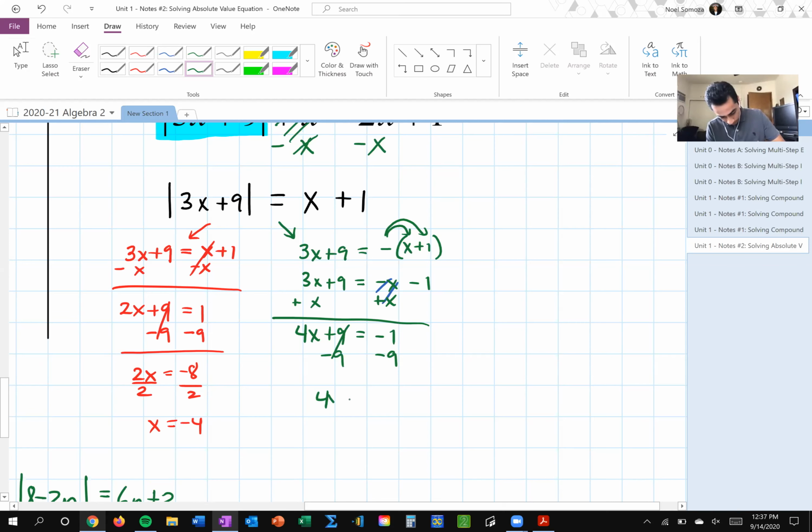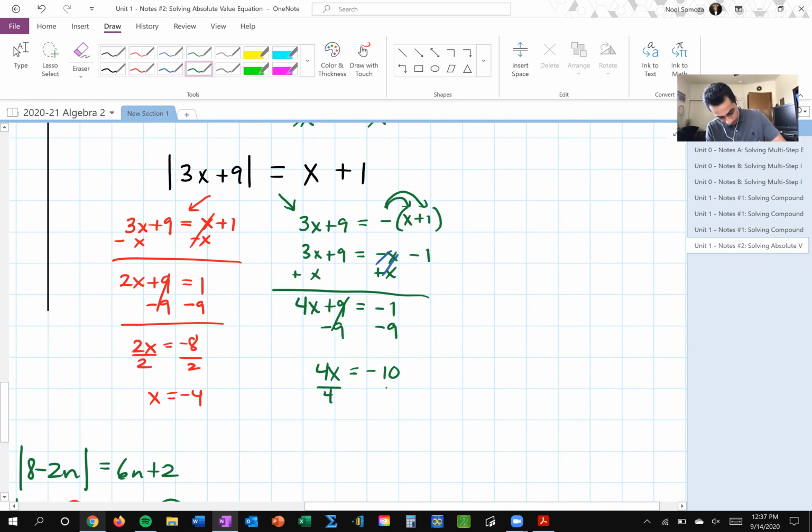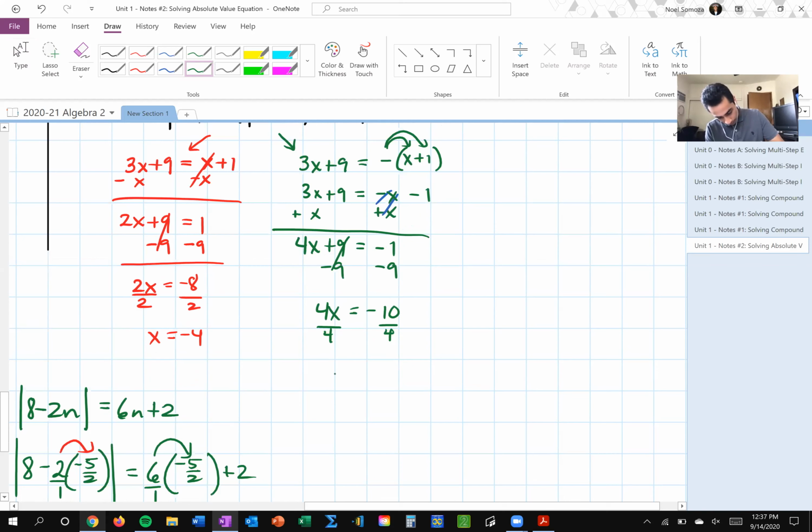So we get 4x is equal to negative 10. Okay, so now let's divide both sides by 4. And then x will equal negative, here we divide both top and bottom by 2, right? Okay, and once again, don't box, right? Let's see what we can get after we check.